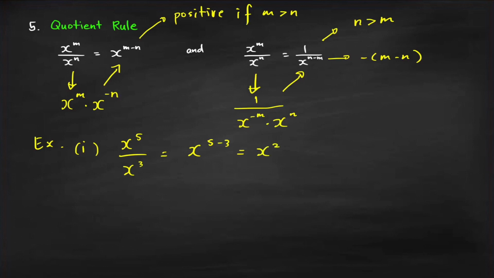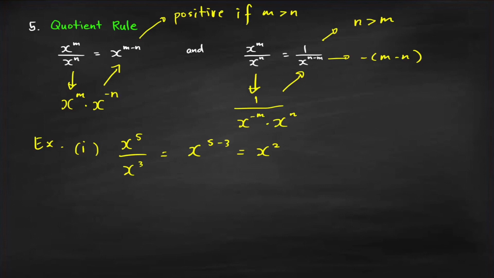Or since these are just positive powers, x raised to 5 means you have 5 copies of x in the numerator, x cubed 3 copies of x in the denominator. So you cancel common factors. You cancel 3 copies of x in the denominator and 3 copies of x in the numerator. So you're left with 2 copies of x in the numerator. So you have here x squared over 1, which can be simplified to just x squared.